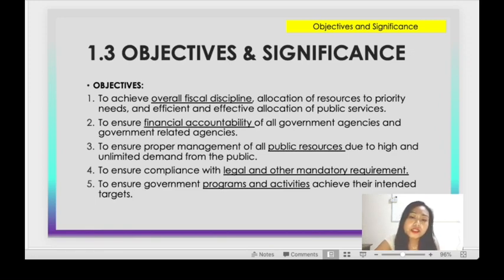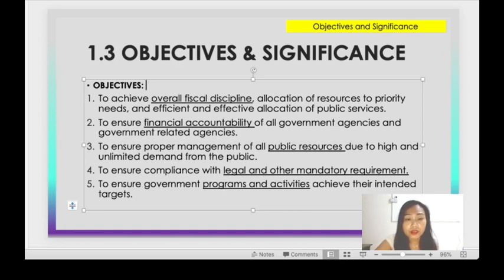Actually, I'm not going to go into a deep discussion about it because I can see that all the objectives listed here are very straightforward. So you can actually read it by yourself. The first objective is to achieve overall fiscal discipline, allocation of resources to priority needs, and efficient and effective allocation of public services.